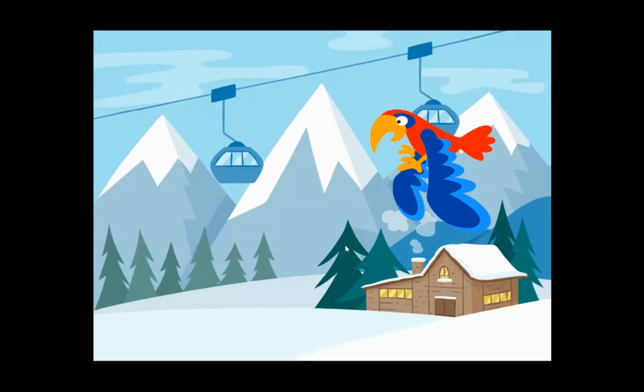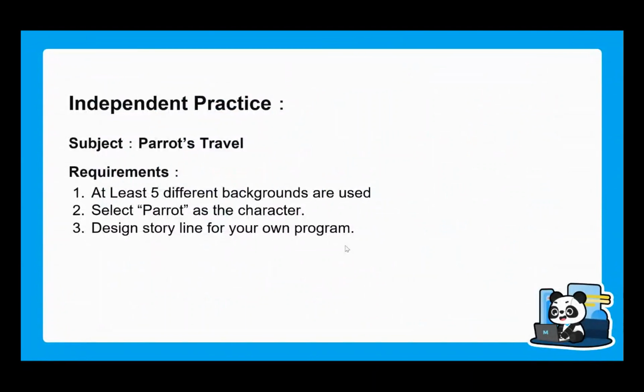Okay, so we want to start building this up in a lot more detail to help us tell the story of where Parrot's been, what he's seen, and what he thought about those different things. So these are the suggested requirements for what we want the children to create. So we want to use, rather than just the one background, so just in that demonstration there, we're using the grasslands background.